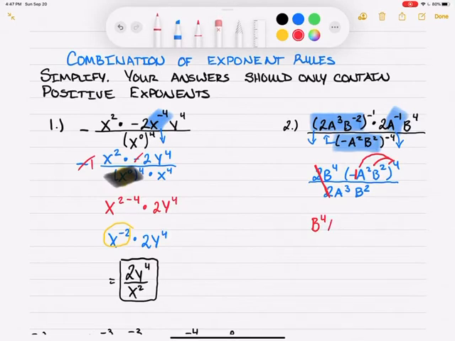And then I have a to the 2 times 4 power, which becomes a to the 8th, b to the 2 times 4 power, which becomes b to the 8th as well. In the bottom, I'm left with a cubed b squared.